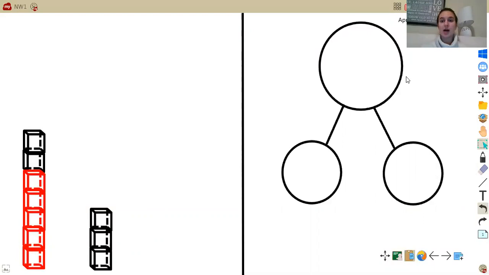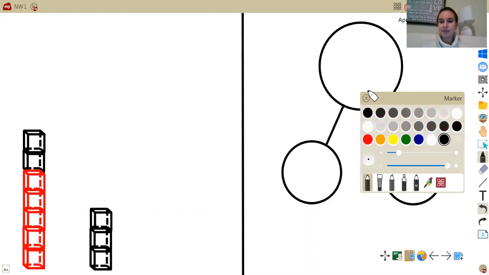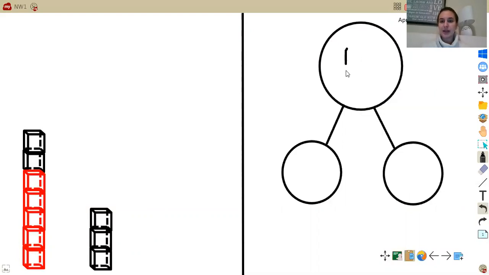That means how many cubes did I have all together? Right, I had 10 cubes all together. So in my big circle, I'm going to write the number 10.